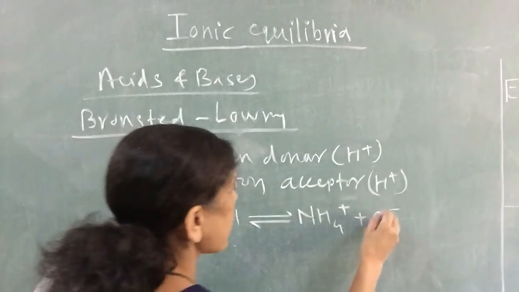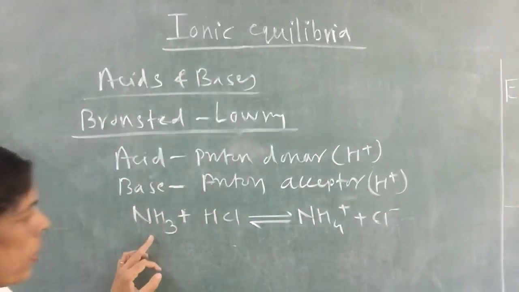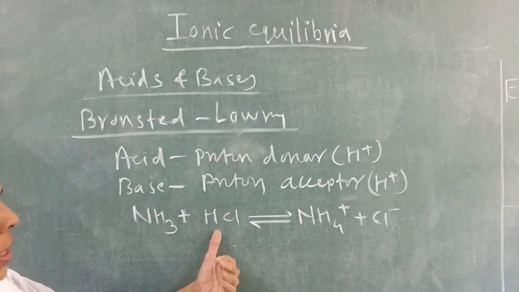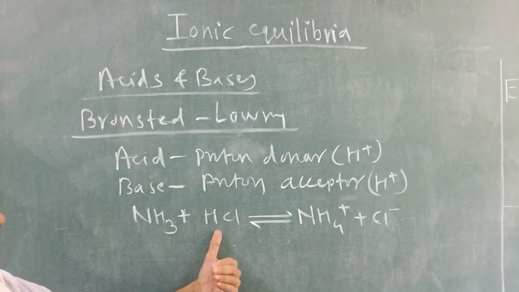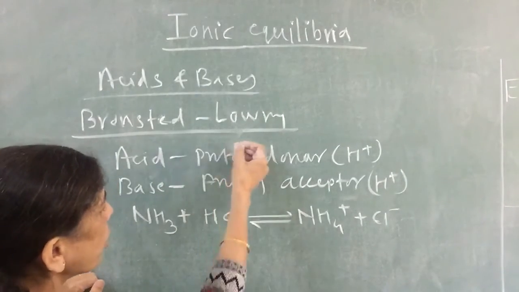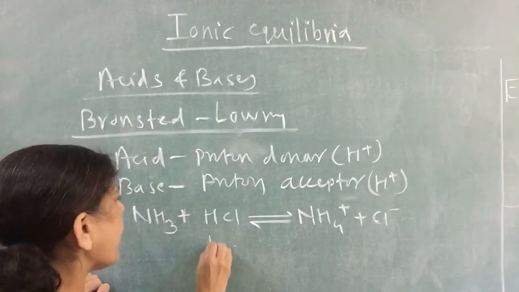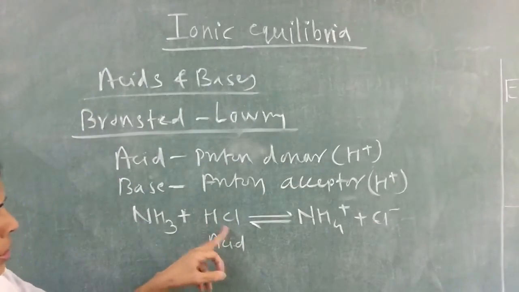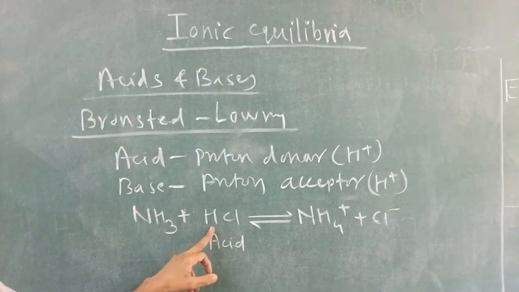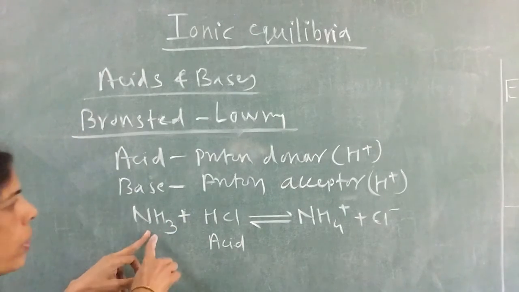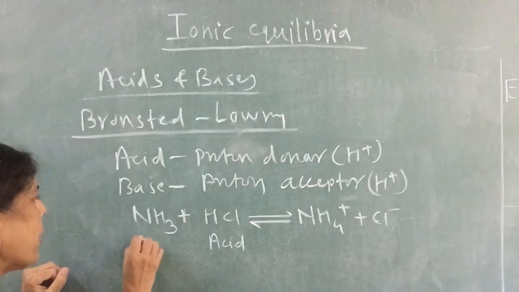What is happening in this reaction? If you see carefully, in the forward reaction, HCl is giving proton, so according to Lowry-Bronsted, it is an acid. At the same time, the proton which was given will be accepted by ammonia because it is converted into NH4 plus, so it is base.